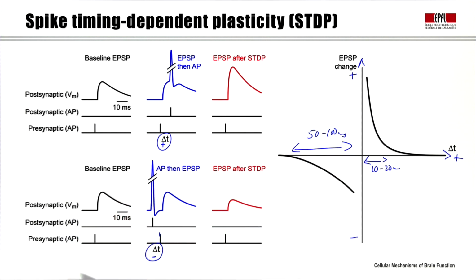On the other hand, in this scenario, the action potential occurred before the glutamate was even released from the presynaptic neuron. Clearly, the firing of the postsynaptic cell has nothing to do with what the presynaptic cell is doing. And so this input from the presynaptic cell might not be a particularly useful input for that cell.